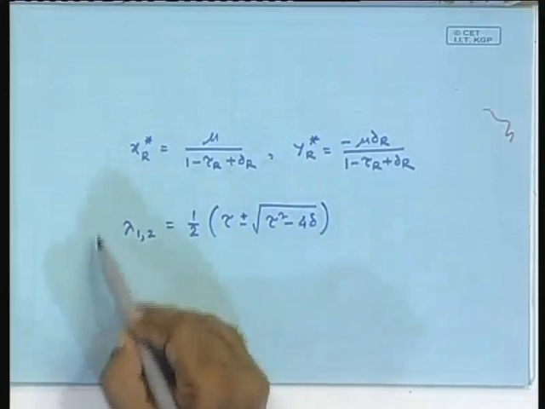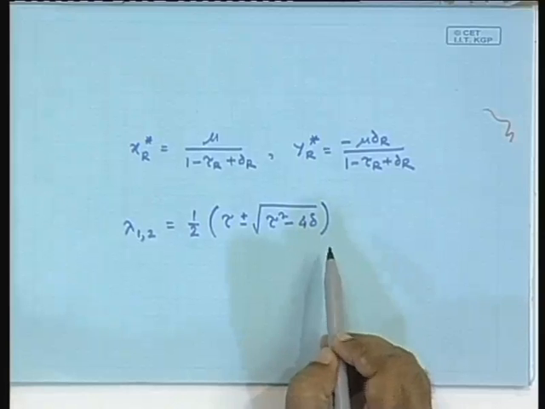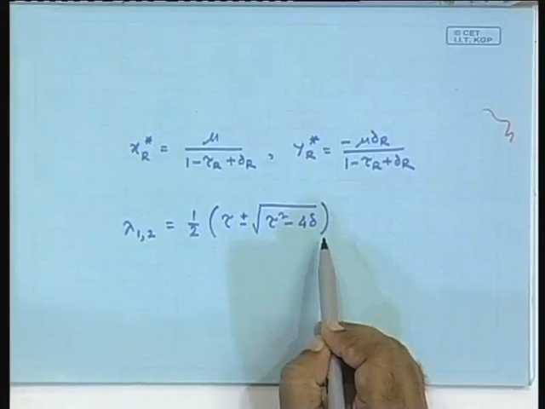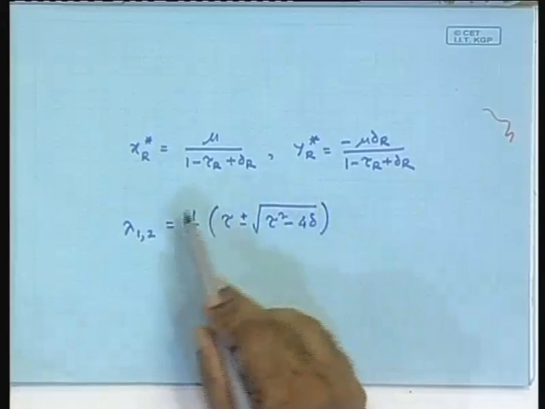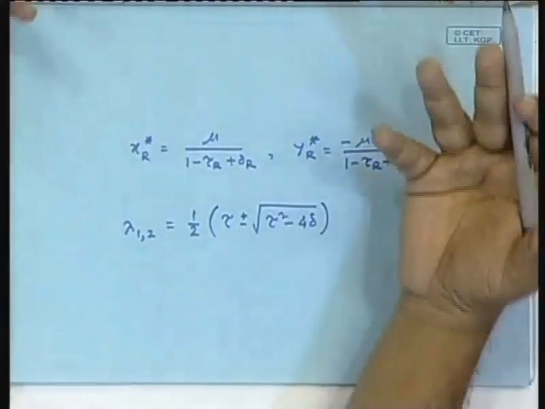So, this is the expression for the eigenvalues, and when these eigenvalues are less than unity, this fellow is stable. If these eigenvalues are greater than unity, this fellow is unstable. Clear?